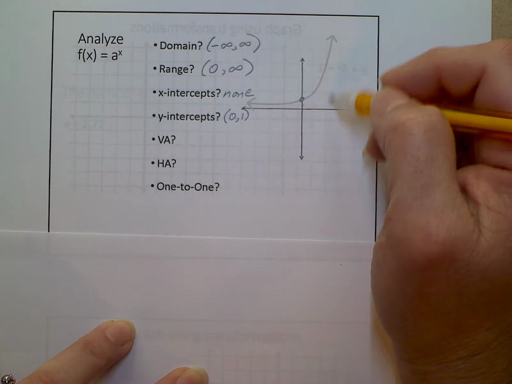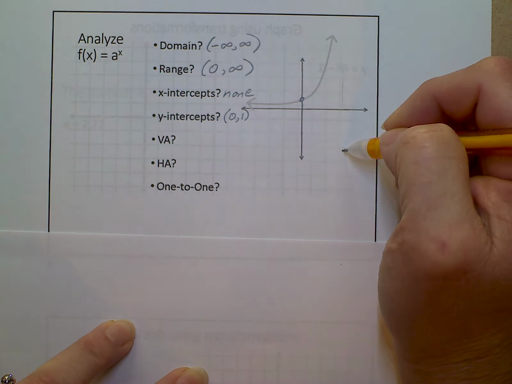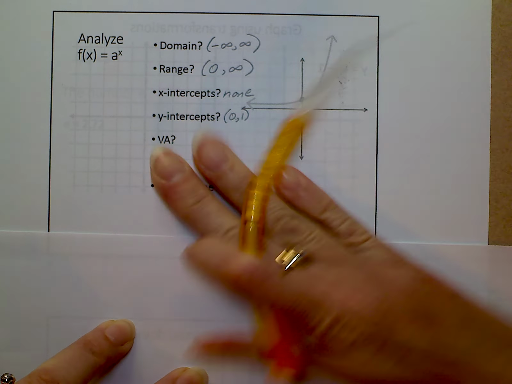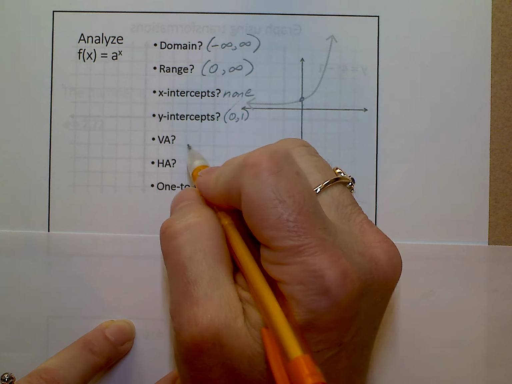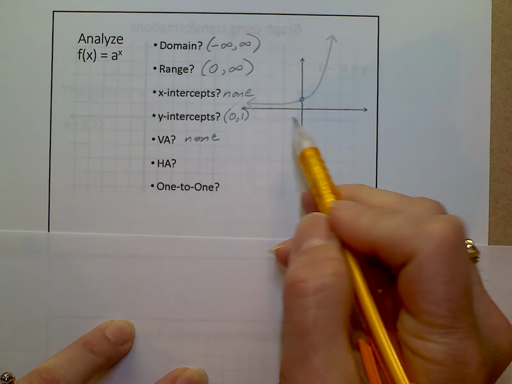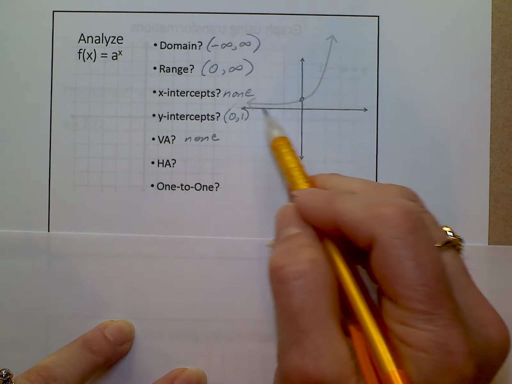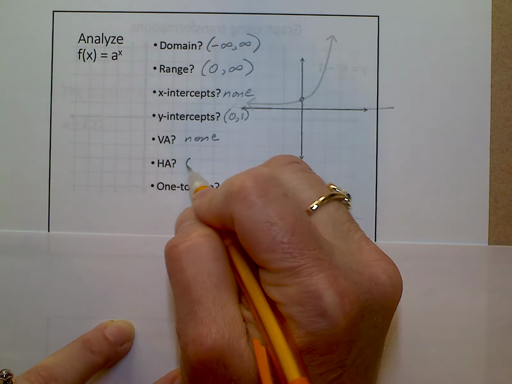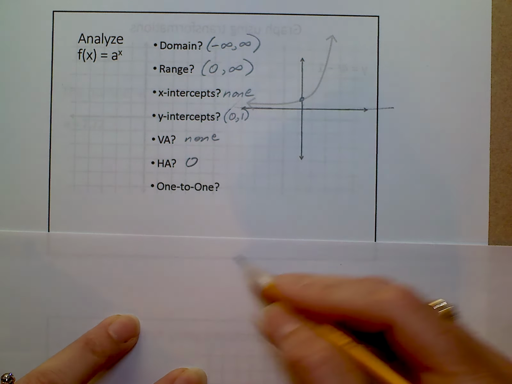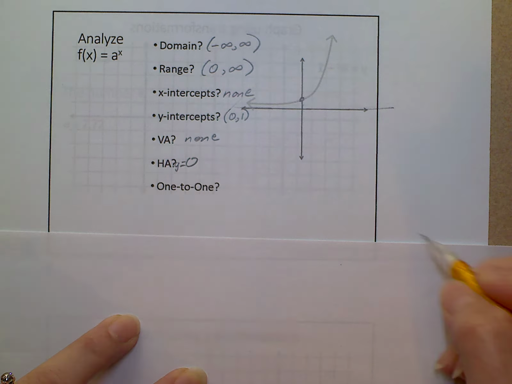No, but it might appear that way sometimes. So if they get really, really steep, it looks like it is, but that's not what's happening there. It's just getting really, really steep. Does it have a horizontal asymptote? Yes, that's what's going on here. This is a horizontal asymptote at 0. On Pearson, you would call it y equals 0.